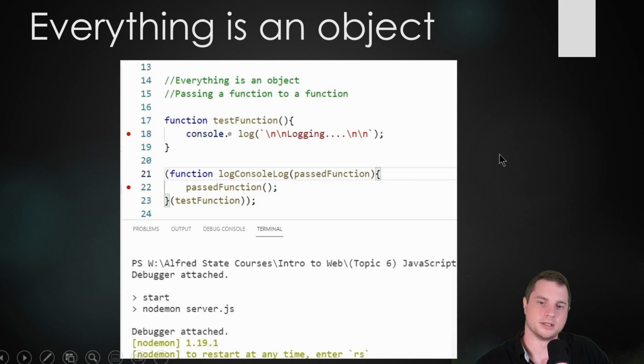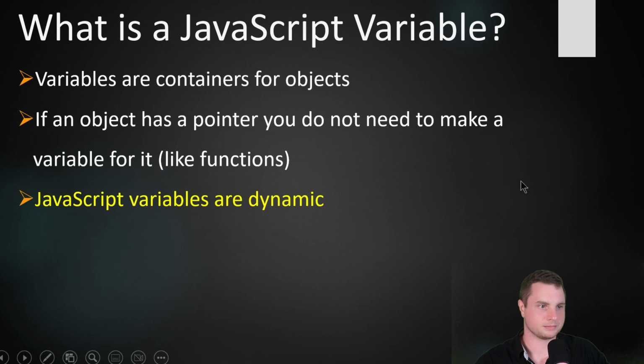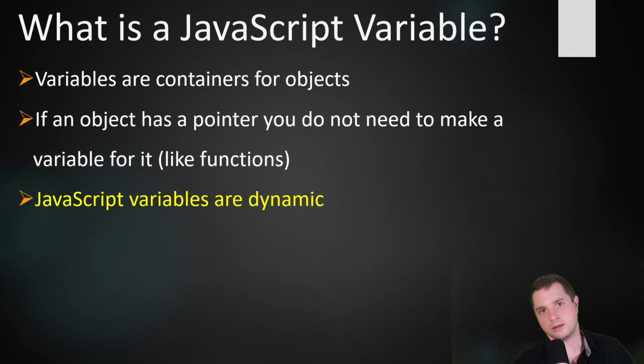Okay, let's move on from this. JavaScript variables. So the big one here that we need to talk about is the dynamic nature of the variable. So because it's softly typed, we can change a variable name to anything. Okay, so in the most basic form of JavaScript, this is awesome.